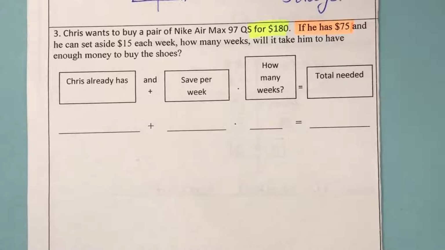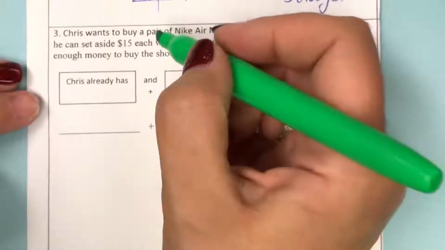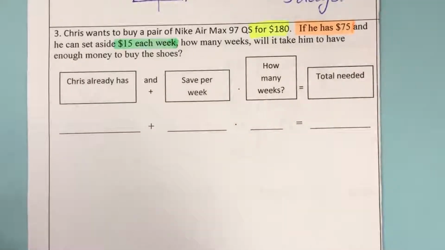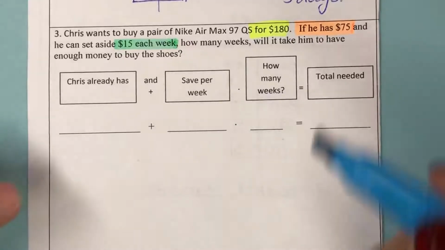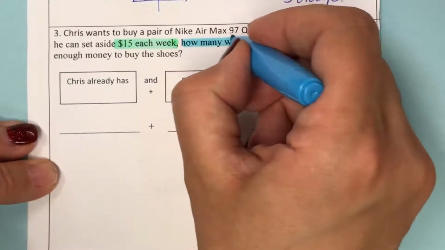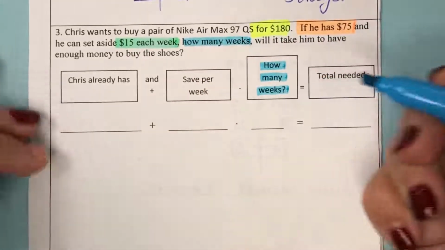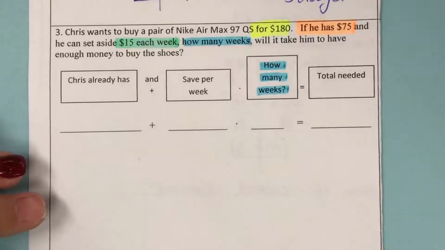Looks like Chris gets an allowance and he can set aside $15 each week. How many weeks will it take him to save enough money? I don't know. So how many weeks is our unknown? We don't know how many weeks.